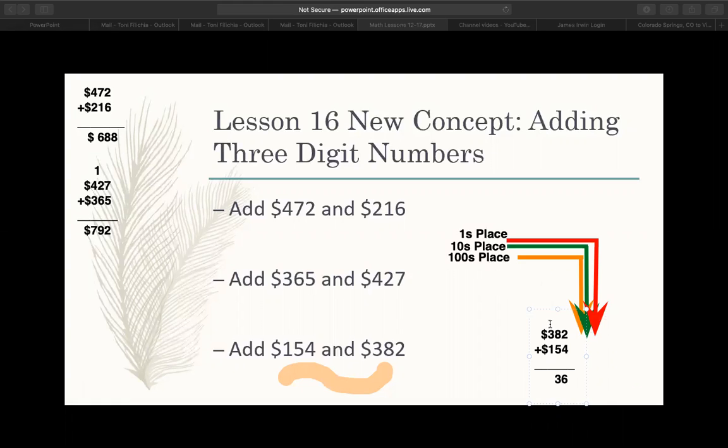And my 1 we would put on top of the hundreds place. Now what is 1 plus 3 plus 1? 1 plus 3 plus 1 is 5. So the sum of $382 plus $154 is $536.